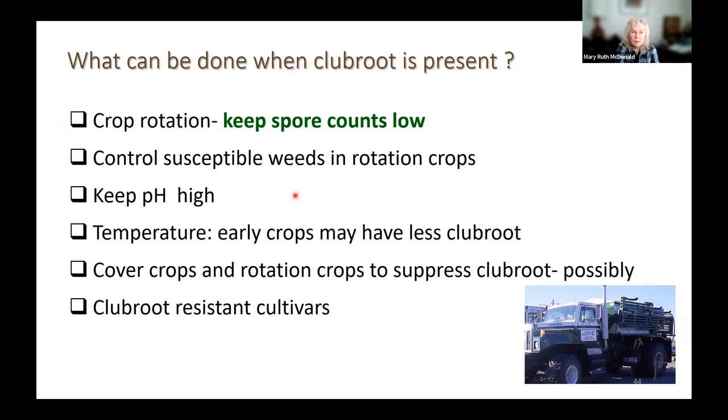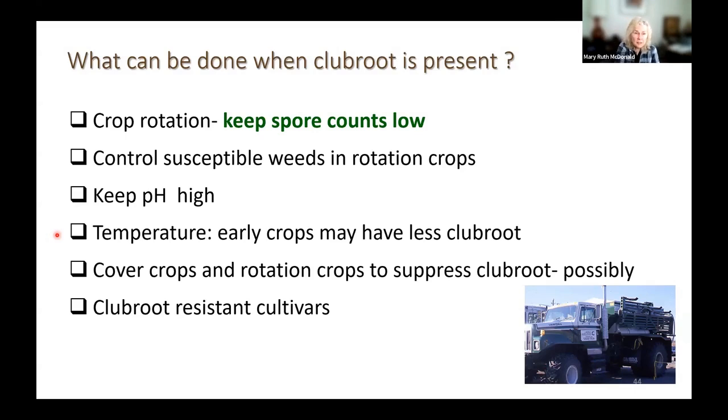Of course, you want to reduce susceptible weeds and anything else that might be building up clubroot in those break years. pH has been the go-to method of managing clubroot for 50, 80 years. And in many cases, it works really well, but I hope I showed you some of the reasons why you might not see as much of an effect as we'd expect or hope.